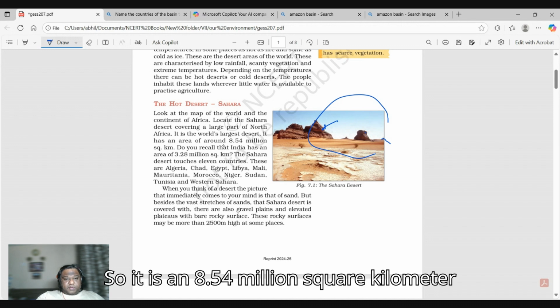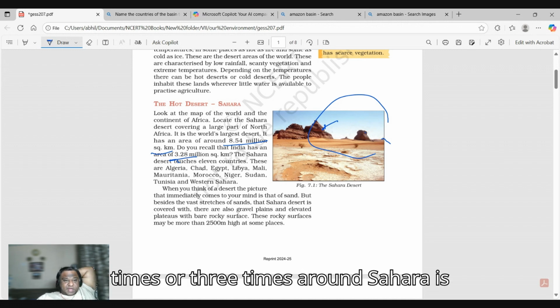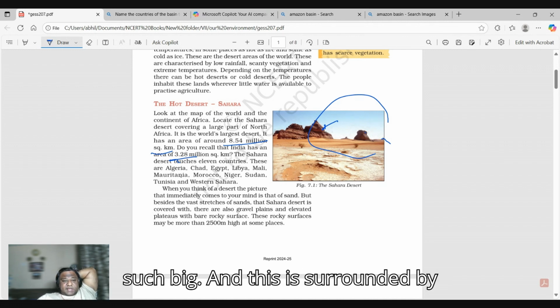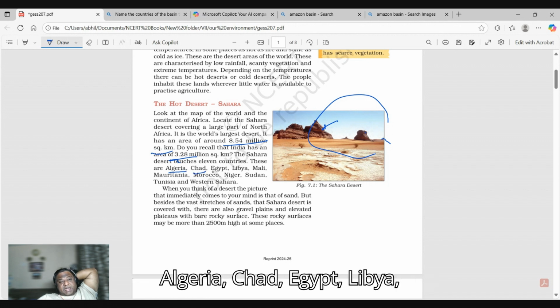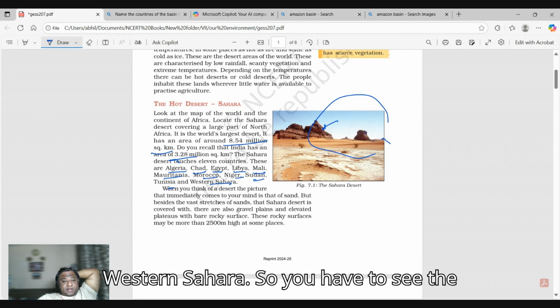It is 8.54 million square kilometers, and India is around 3.28, so Sahara is at least two or three times bigger. And this is surrounded by Algeria, Chad, Egypt, Libya, Mali, Mauritania, Morocco, Niger, Sudan, Tunisia, and Western Sahara.